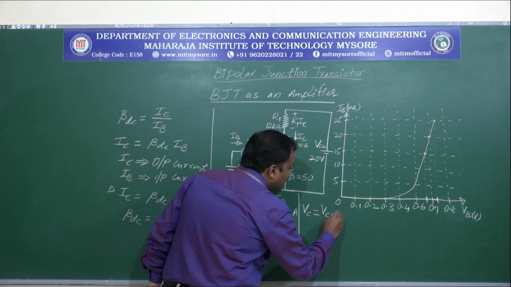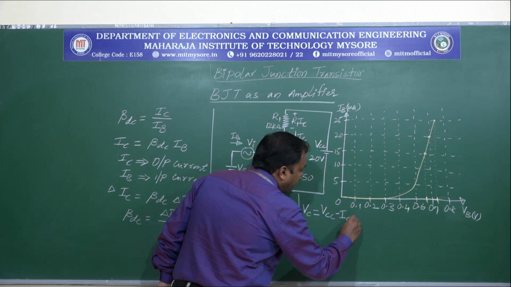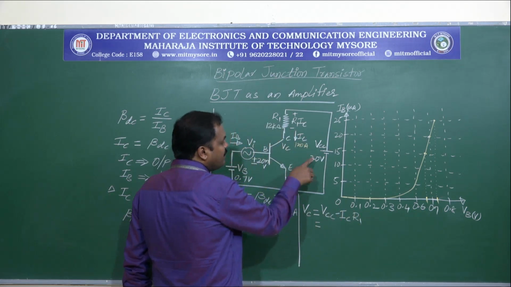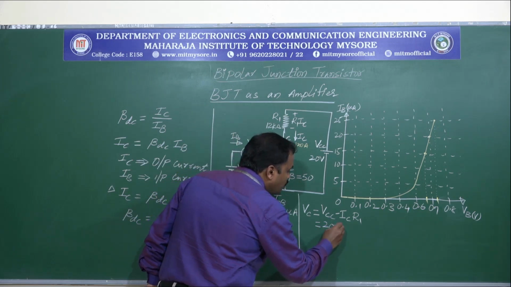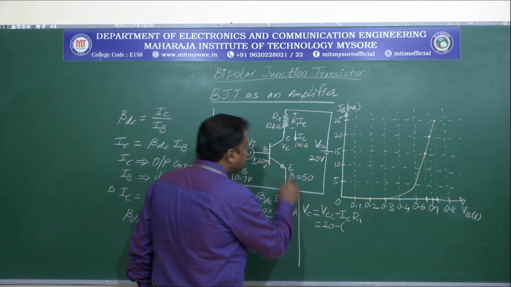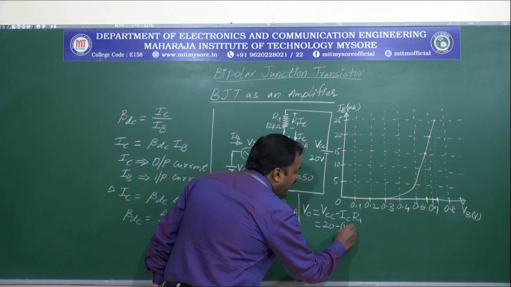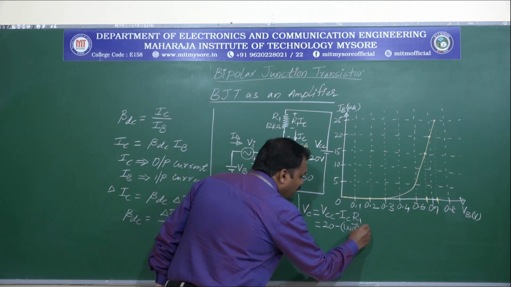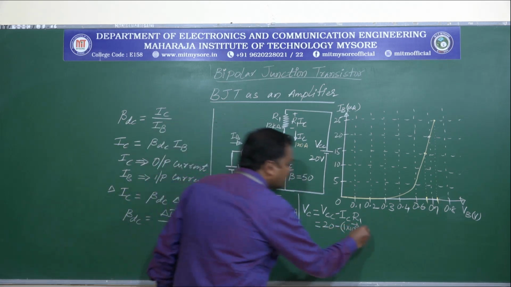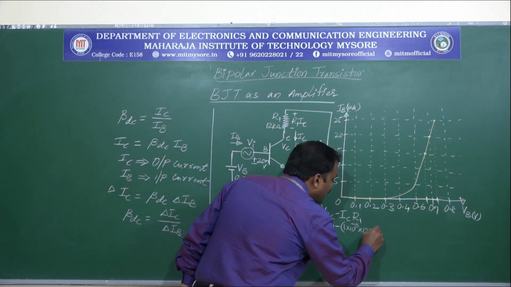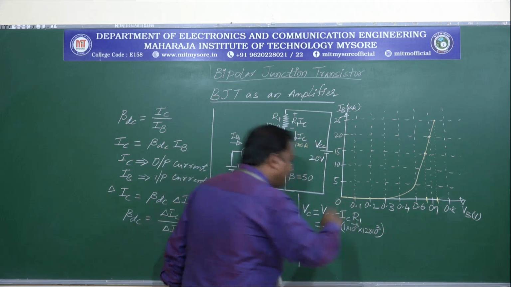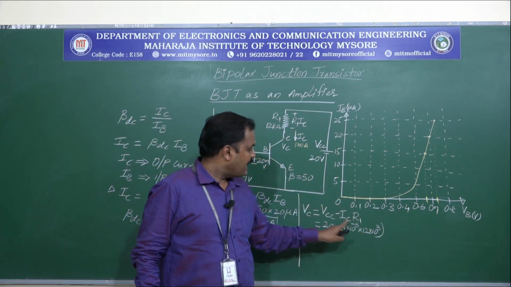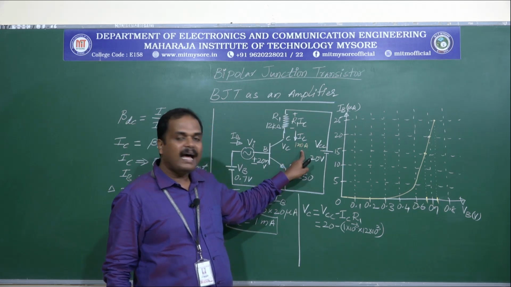So VCC is 20 volts minus IC, calculated as 1 milliampere, into R1, which is given as 12 kilo ohms.